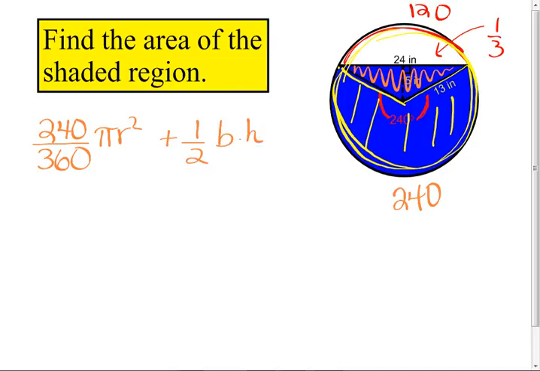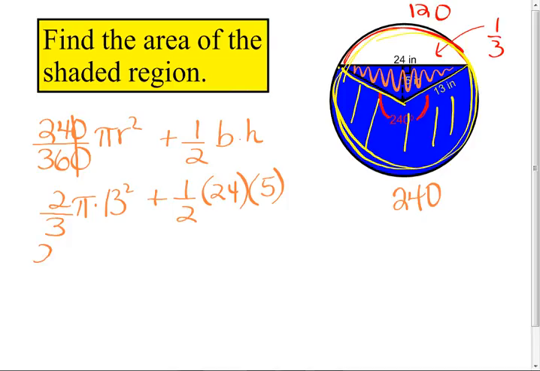So this we know is 2/3, because we just did, what's 1/3 from a whole circle? 2/3. And this is pi times 13 squared plus 1/2, and the base of my triangle is 24, and the height was 5.